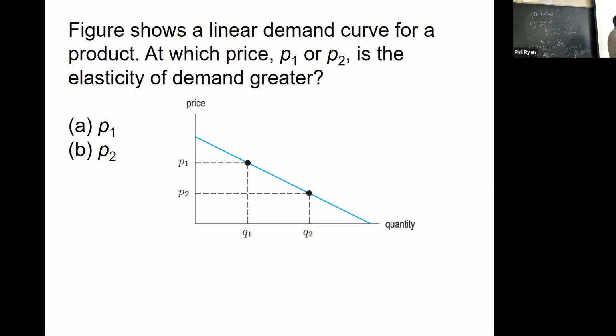Yeah. Okay. If the price is high, you're going to be a more discerning shopper, and you're more likely to not buy it, right? If the price is too high. Again, it's common sense, but you should be able to figure it out from the idea of elasticity. Okay, that's us for today.